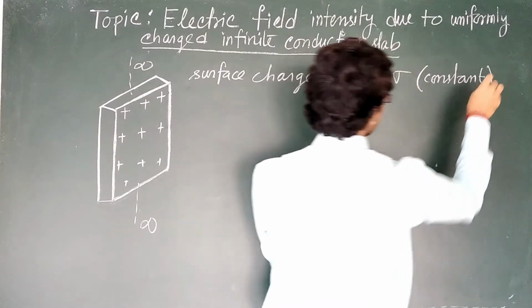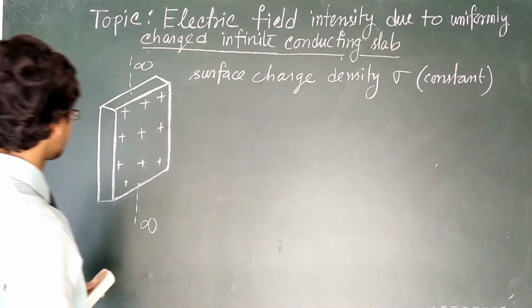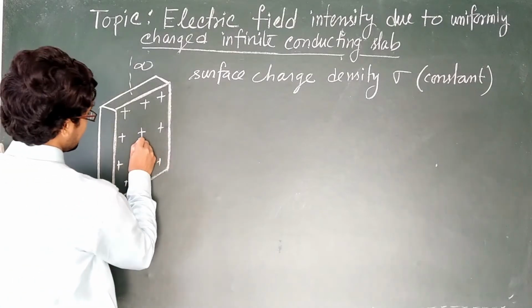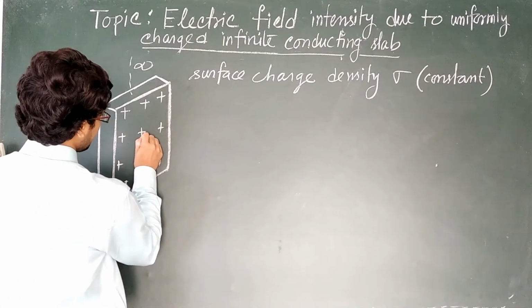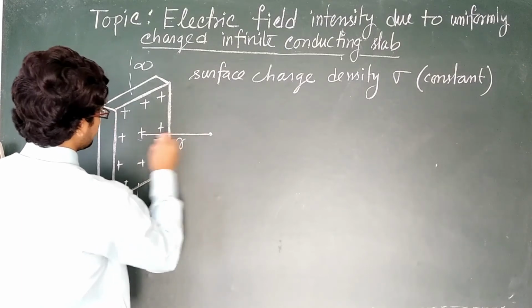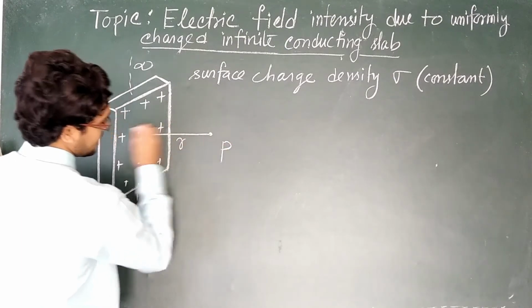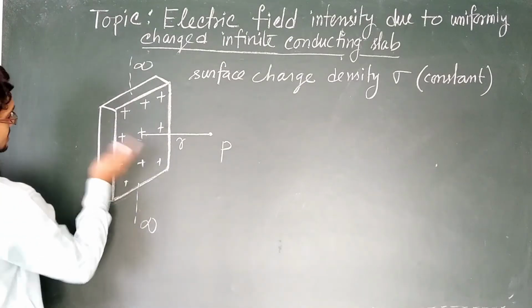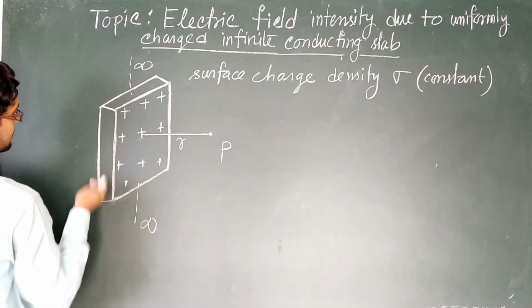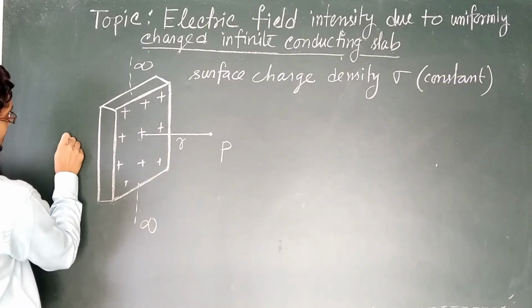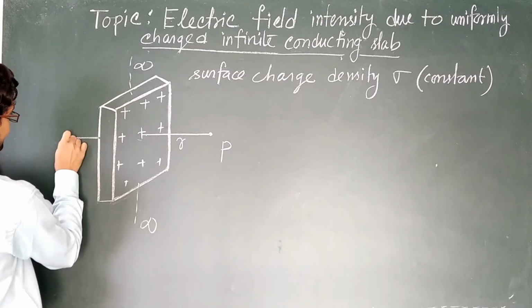Again we have to find the electric field intensity at any point at a perpendicular distance r from this surface. So we will take another point exactly opposite to this surface, at the same distance r.